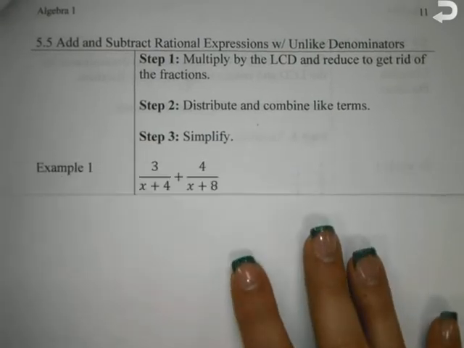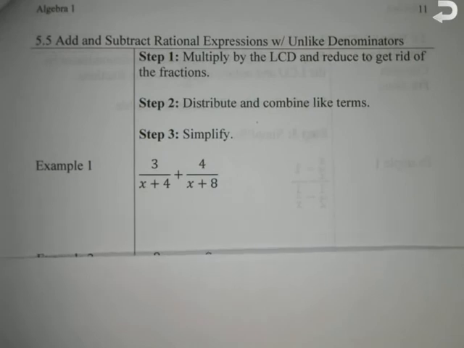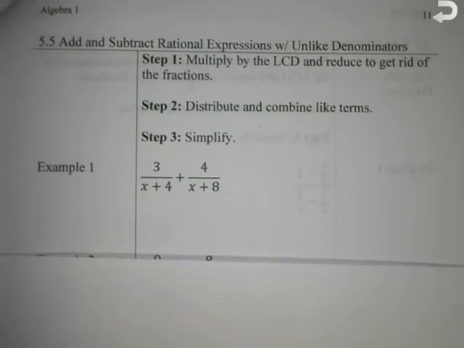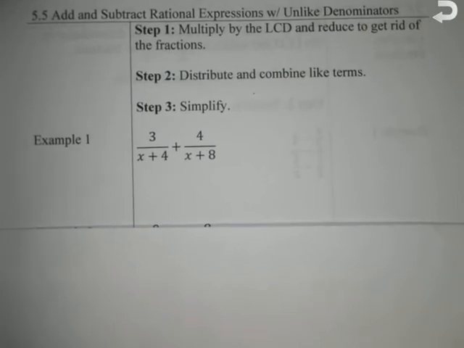Example 1. So we have 3 over x plus 4 plus 4 over x plus 8. Does anyone have a guess as to what the LCD will be?